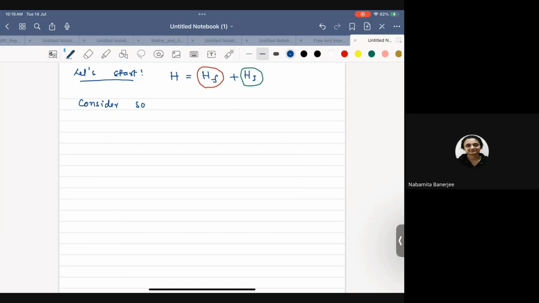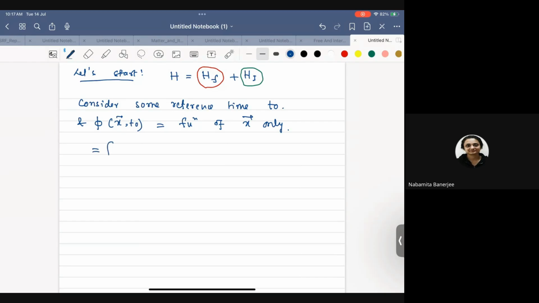Now consider some reference time, whatever, t naught, and write a field at that particular time t. So this quantity, whatever it is, must be a function of x only, because I have already fixed the time, so it cannot depend on time.